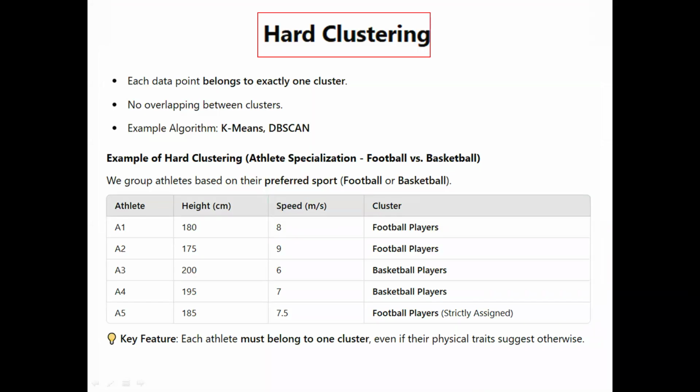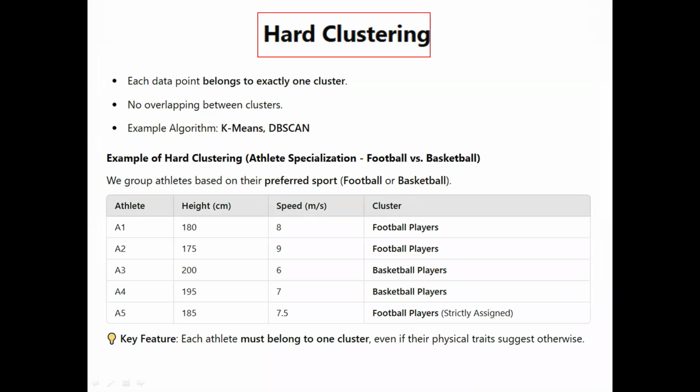In case of hard clustering, each data point belongs to exactly one cluster, and its example algorithms are K-means and the DBSCAN algorithm, which we will cover today in this segment. There is no overlapping between clusters. If a particular data item meets certain criteria to be associated with a specific cluster or group, it will be associated.